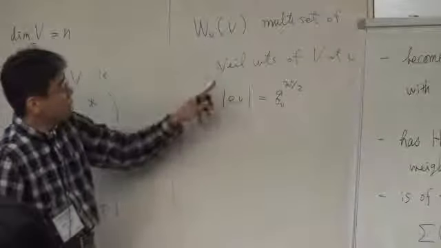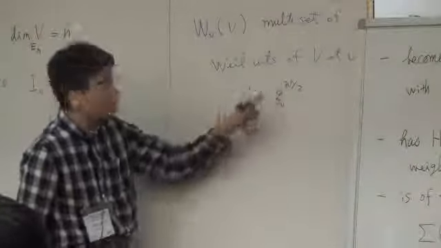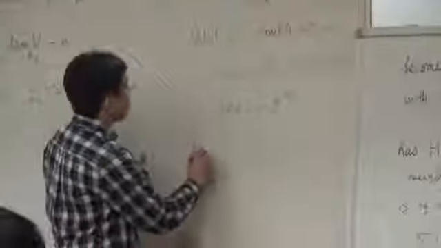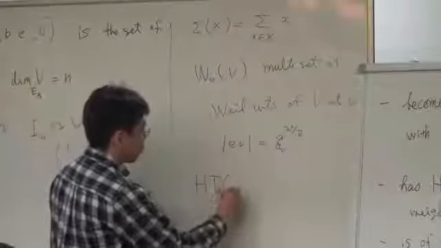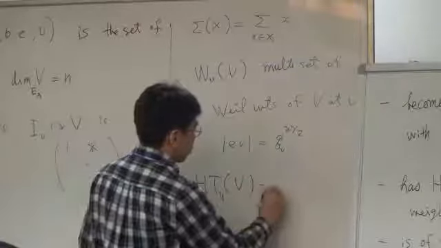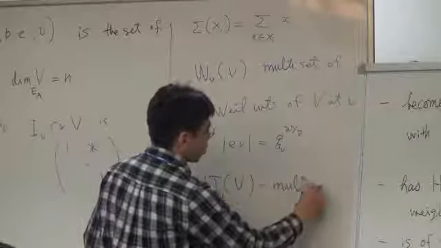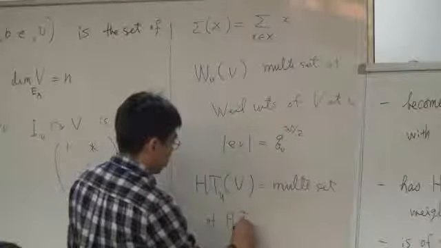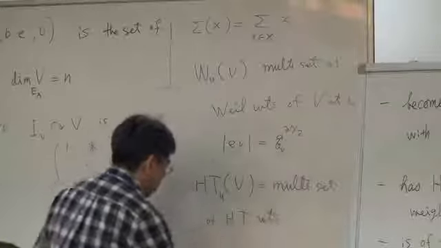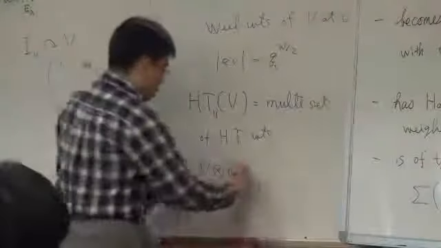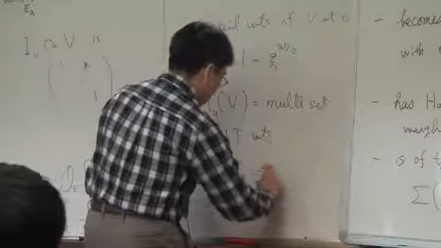So this is the set of Weil weights with multiplicity, and HT of V at u is the multiset of Hodge-Tate weights. So these are the integers which appear here.